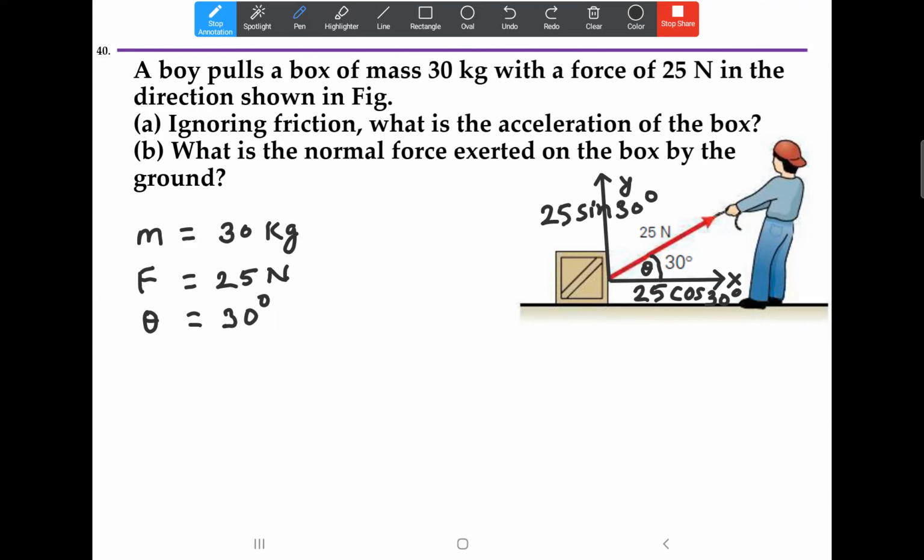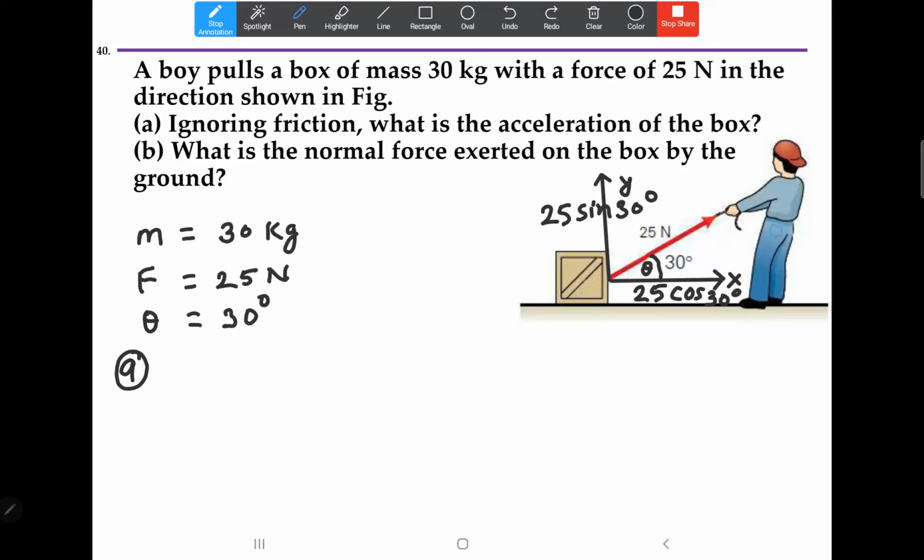Now part A: ignoring friction, friction is absent. If there were friction, when you apply a force in the direction of the x-axis, there would be a frictional force opposing it, acting in the direction opposite to the positive x-axis, that is, along the negative x-axis.